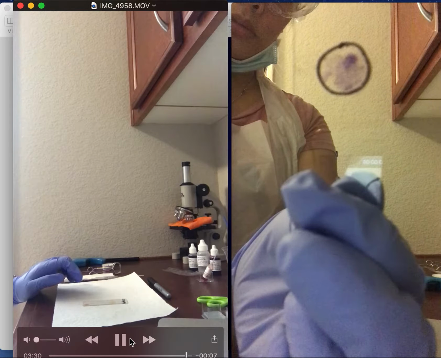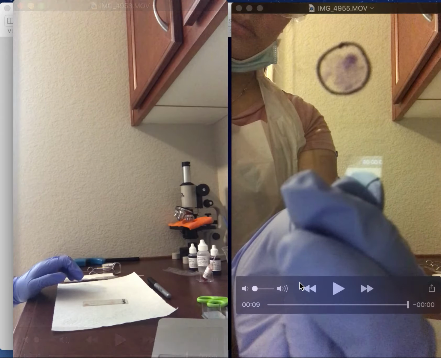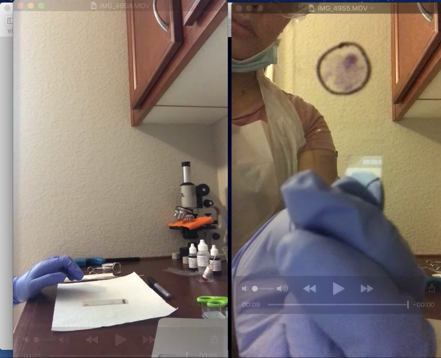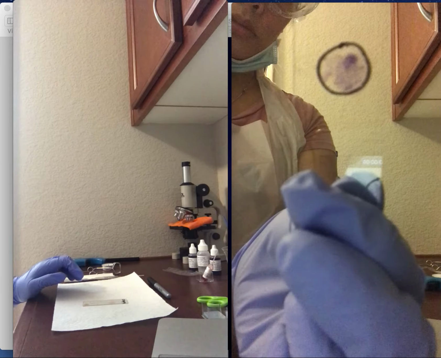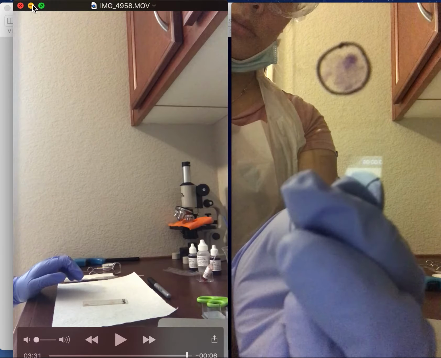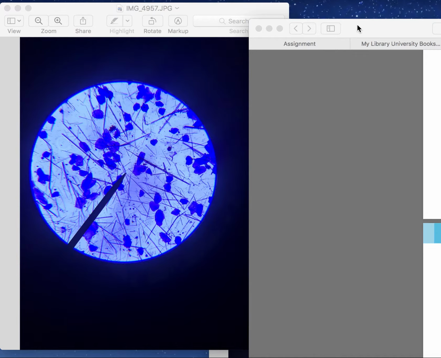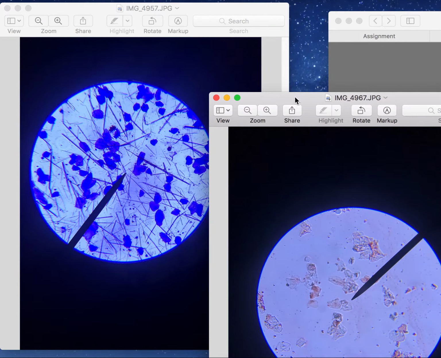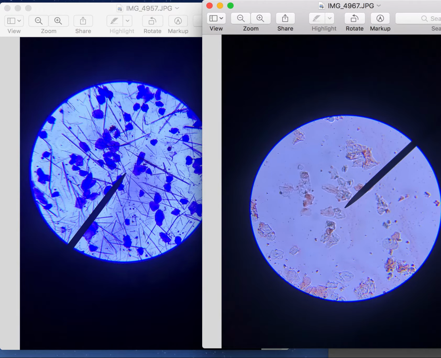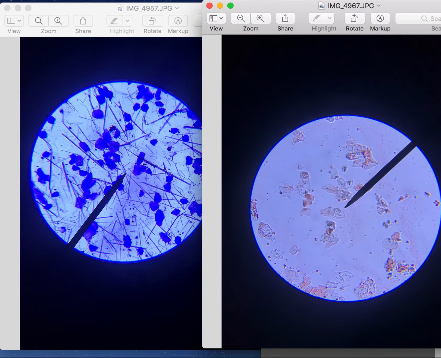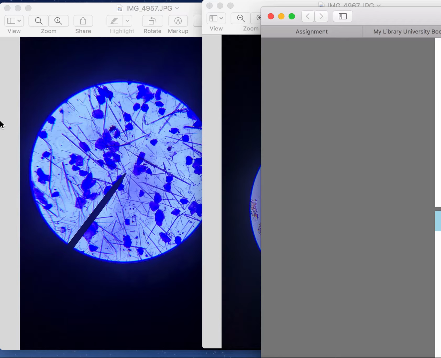Once we have spread the Congo red stain, we are going to let that slide dry. And once it has dried, we are going to put it in the microscope and view the slides.